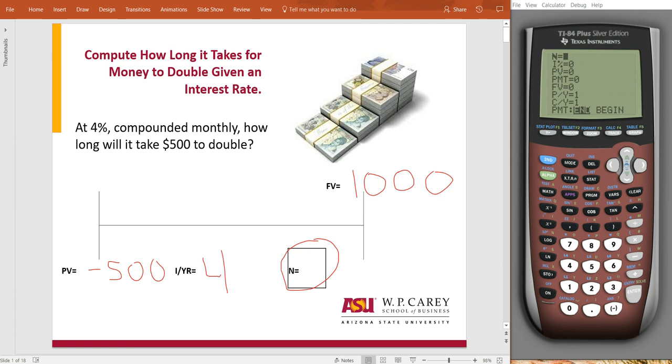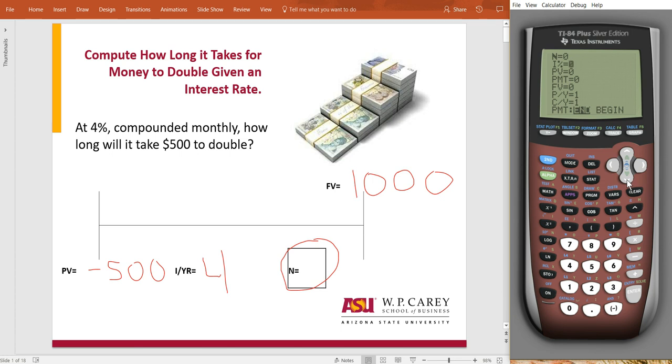So let's move over here to our calculator. N. What is n? We don't know. We're going to have a 0 in there or some number, but that's one we're going to be solving for. And in order to move among these different numbers, there has to be a number in there, or like in this case, let's just have a 0 just so we can move down to the next one.